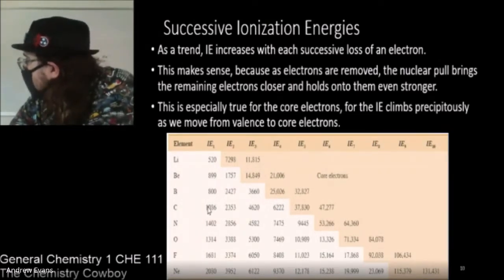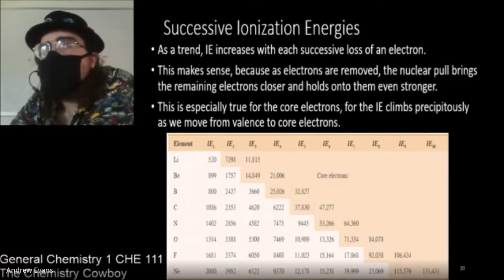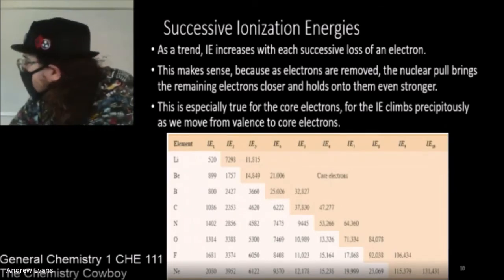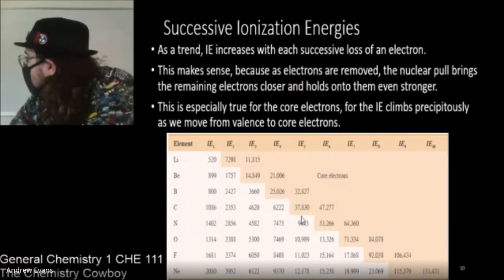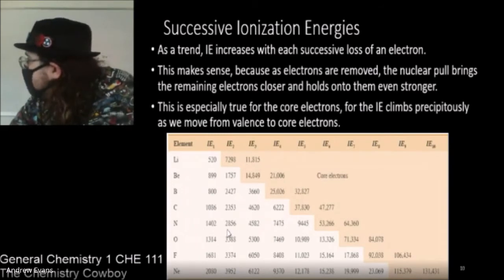Same thing, carbon, 1,000, 2,000 something, 4,000 something, 6,000 something, 37,000. Carbon can only lose 4 electrons before it becomes too prohibitively costly to remove any more. Same thing, nitrogen. Nitrogen likes to be negative, so it's getting very costly to remove electrons, but it's still possible. 9,000 jumps to 53.